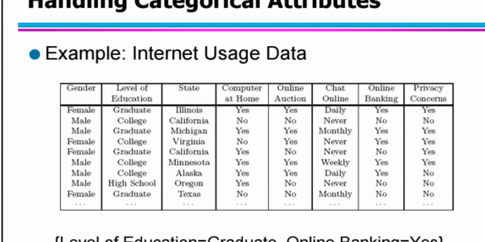Level of education can be replaced by three binary items: education graduate, education college, and education high school. So for level of education, only three parts have to be represented: graduate, college, graduate, college, graduate, college, college, high school, graduate.